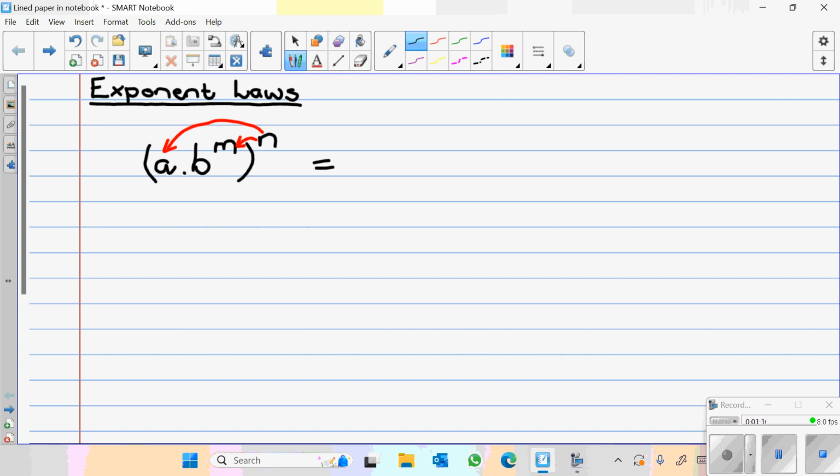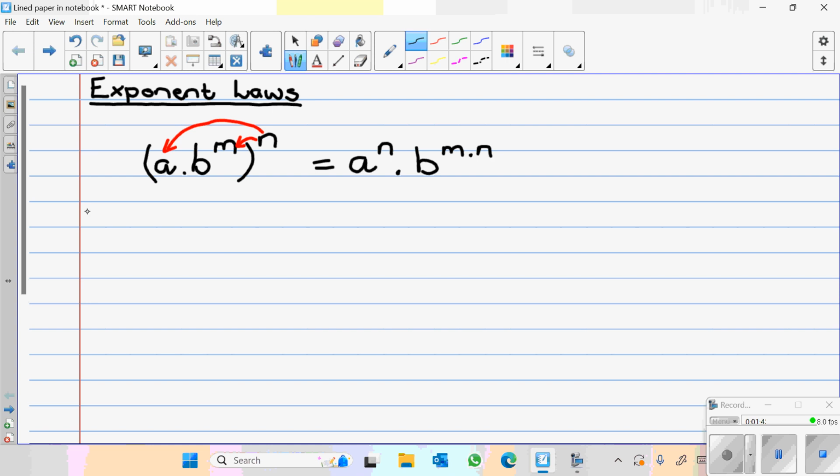In other words, I have a to the power of n, because for a the exponent is 1, but I have b to the power of m times n. So the exponents that are already there are multiplied with one another. Now let's see how they got that law.